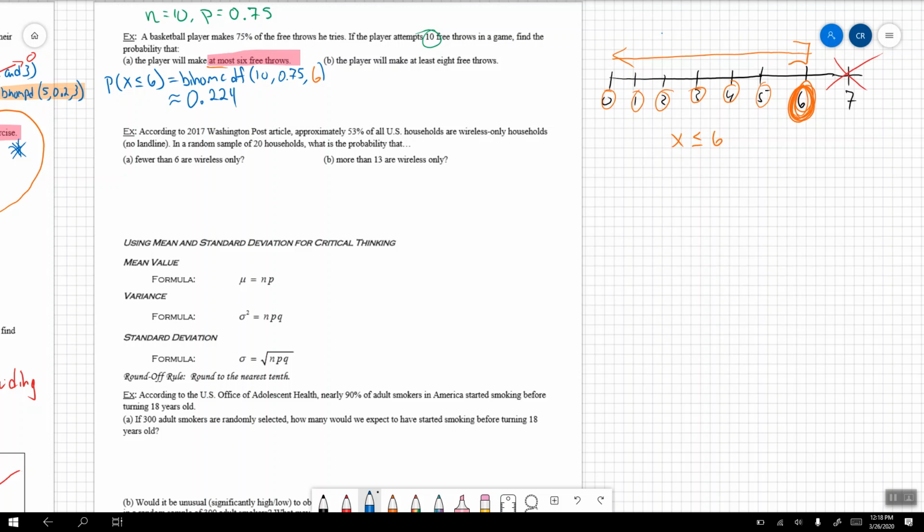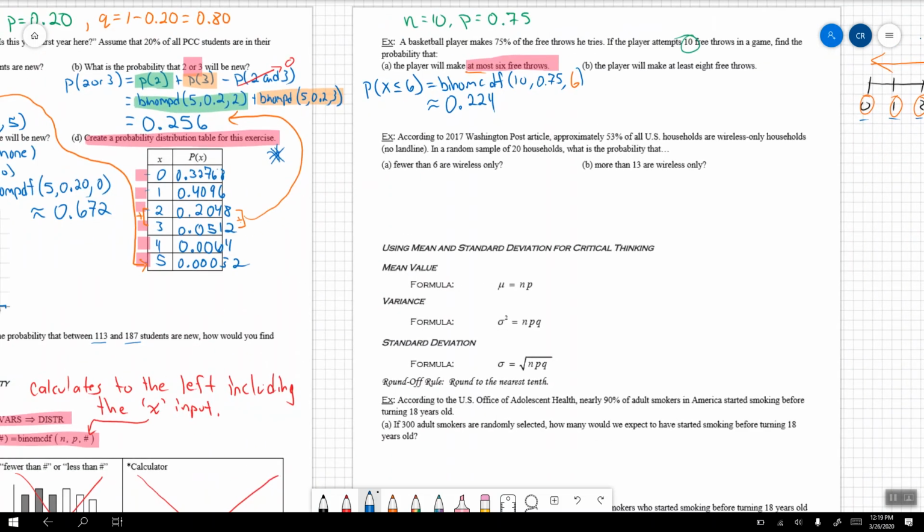Now you can verify this. You can find all of the individual binomial probabilities for x is equal to 0, x is equal to 1, x is equal to 2, x is equal to 3, x is equal to 4, x is equal to 5, and x is equal to 6. Find all of those manually using this method that we discussed here.